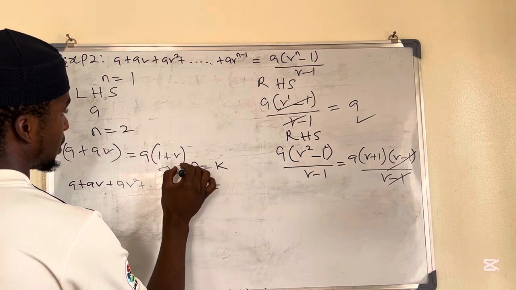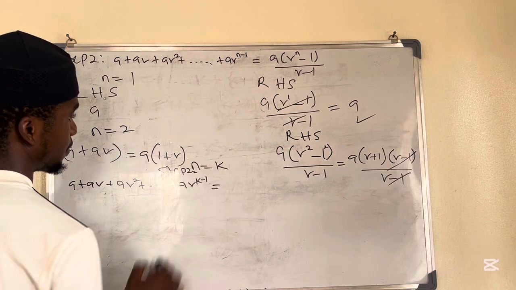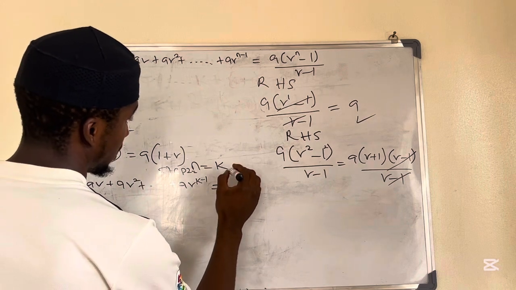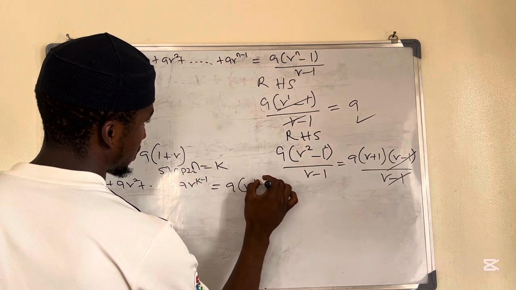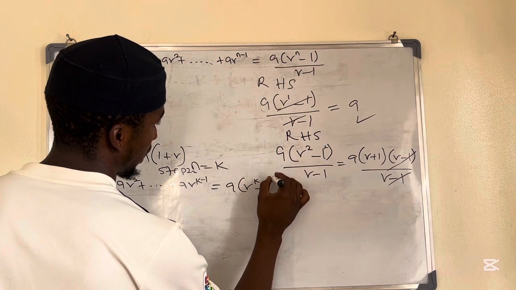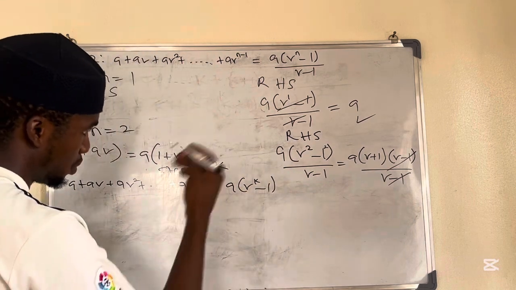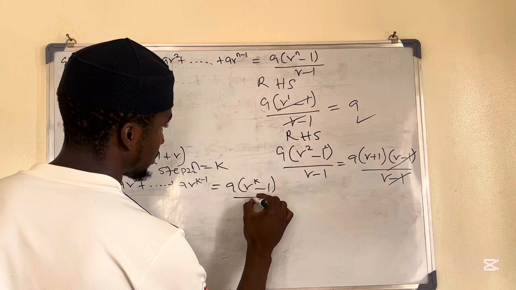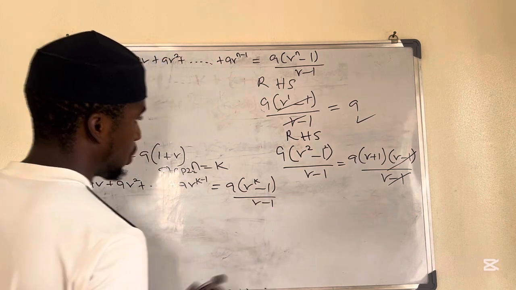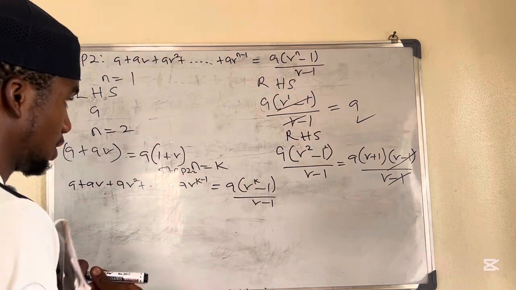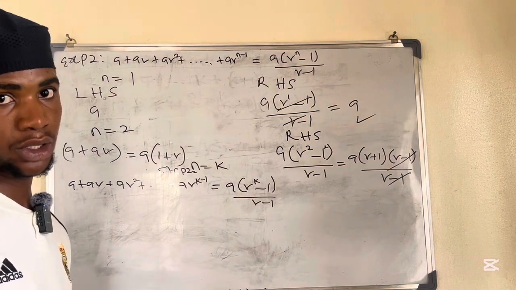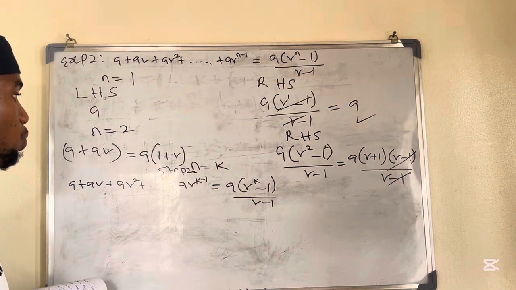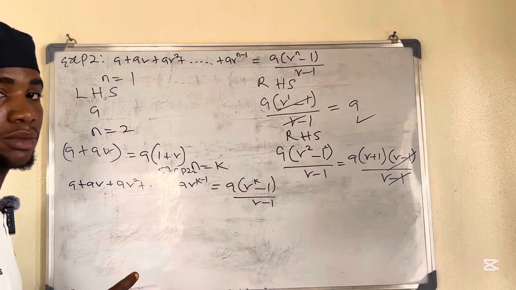That's step 2. Then it's equal to a into r to the power of k, since we're assuming that n should be equal to k, all over r minus 1. This is what we are asked to do. It's just an assumption. So we are just quickly going to dive into step 3.